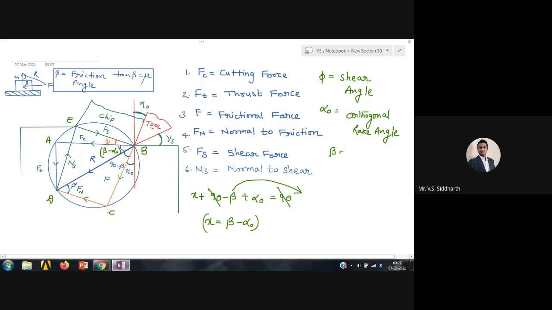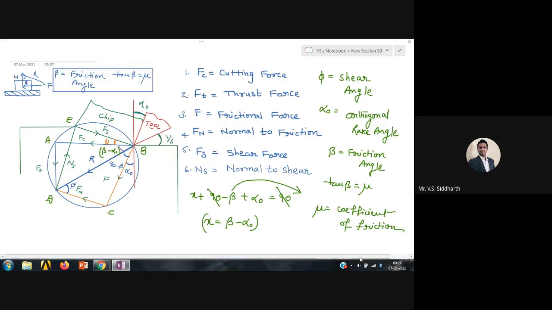Beta equals the friction angle, such that tan beta will give you mu, where mu is the coefficient of friction. Okay, up to this, everything is clear.